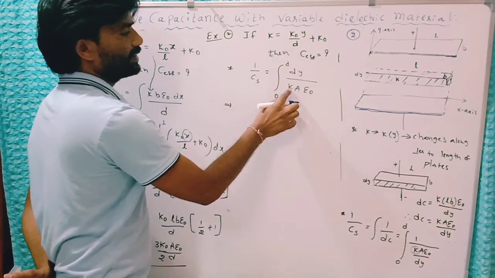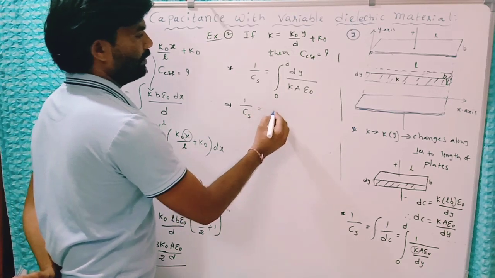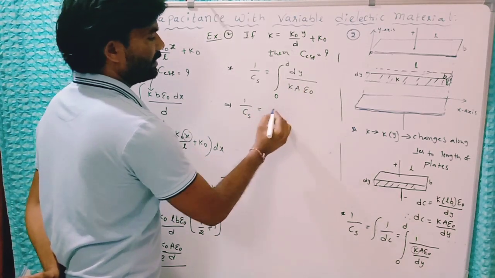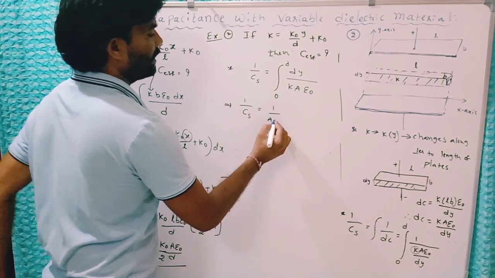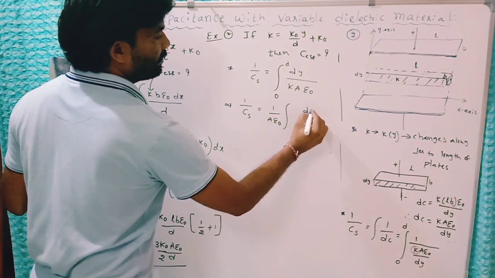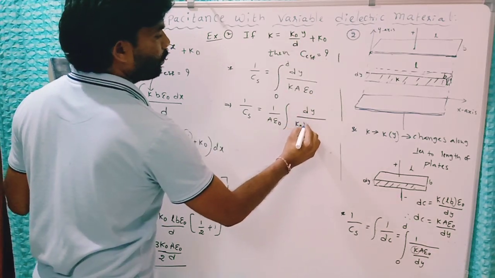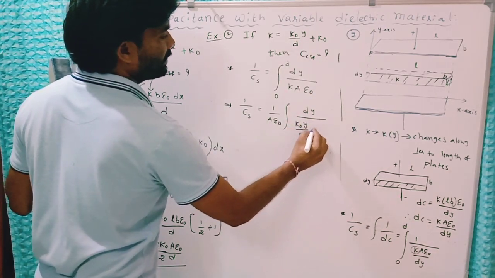Substitute this K here. These two are constants, so write the constant terms outside the integration. So this is equal to dy over K naught y by d plus K naught.